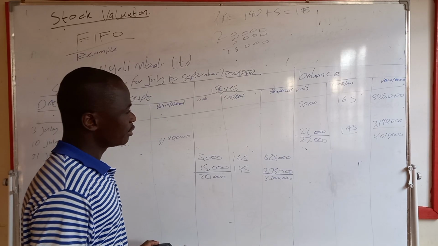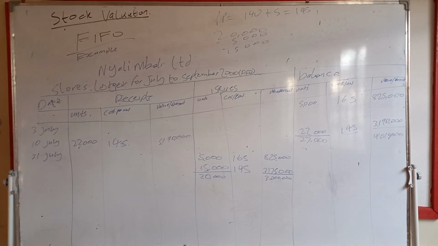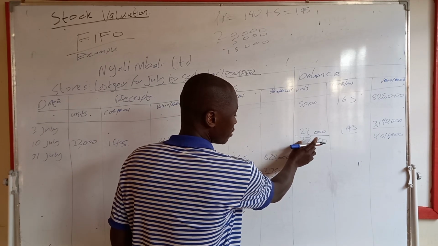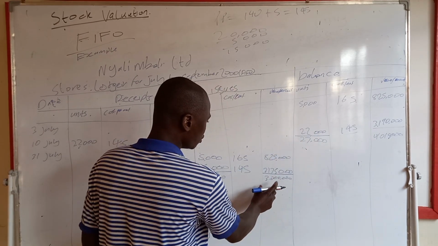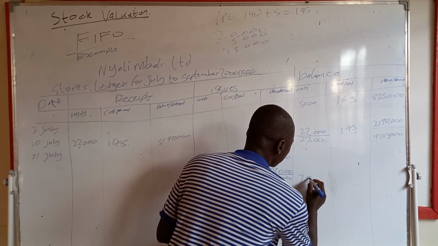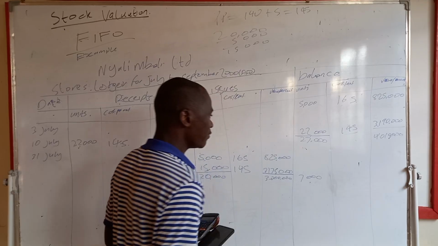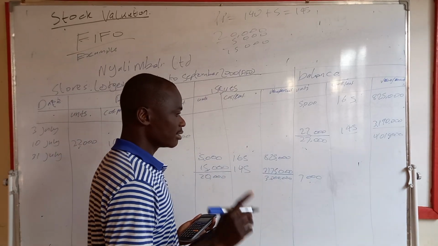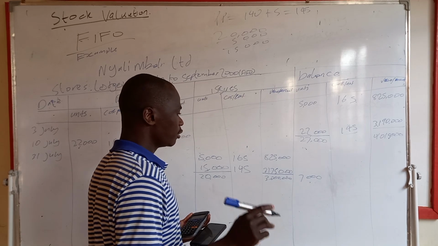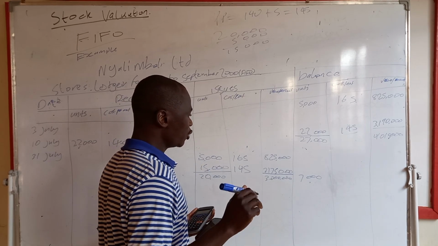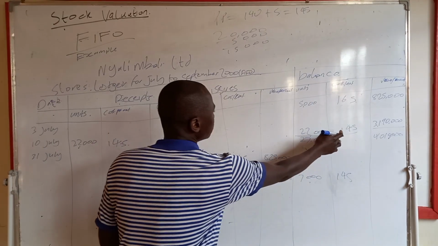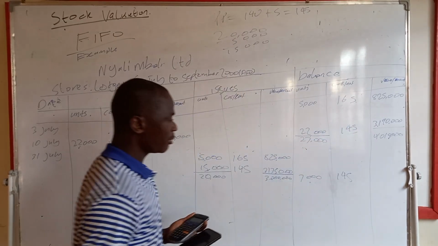What are you left with? You had 27,000. You have issued 20,000. You remain here with 7,000. What is the price of each unit? 145. This one, this line. This is what remains.